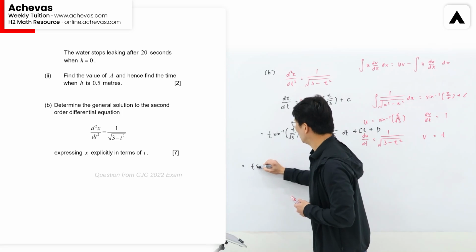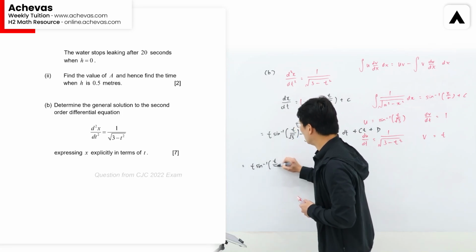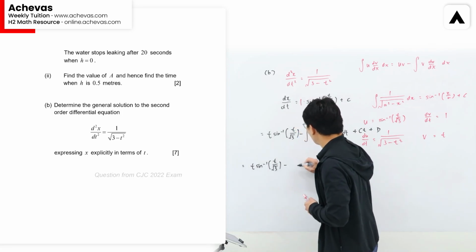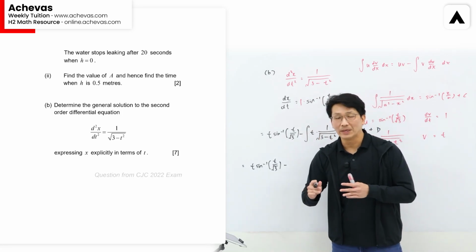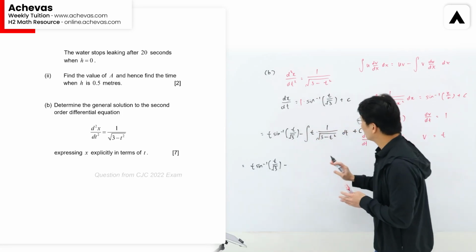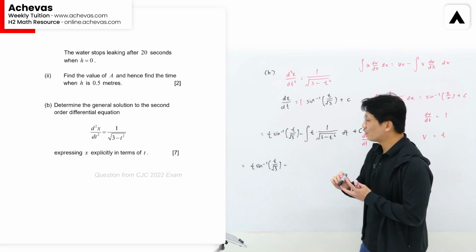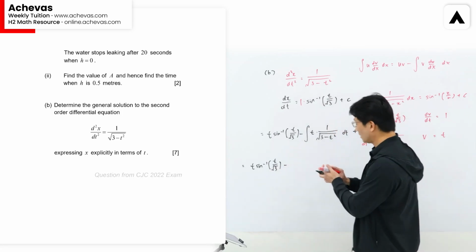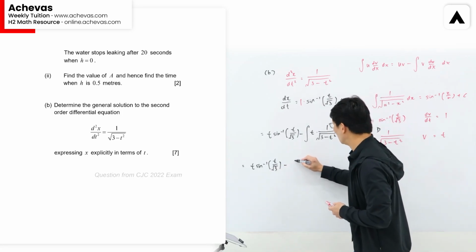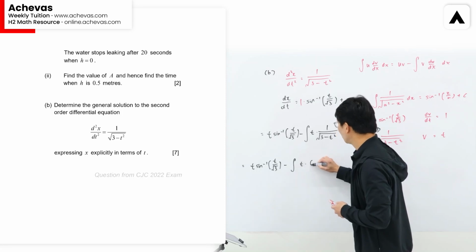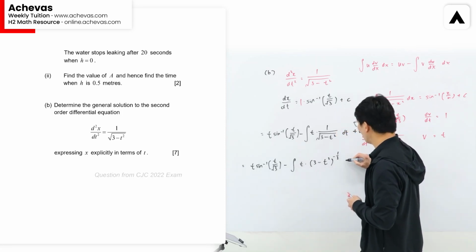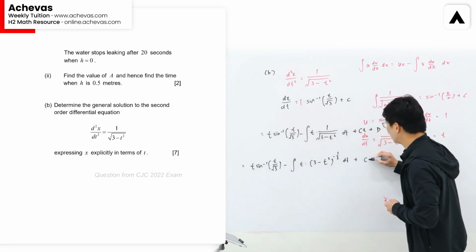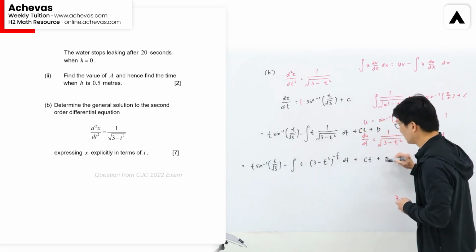So we will have t sine inverse t over square root 3 minus, for this particular expression, we should try to consider the basic standard form first, which happens to be the f prime x f x to the power n form, because we can just rearrange it into this form, t times 3 minus t squared to the power of minus half dt plus ct plus d.